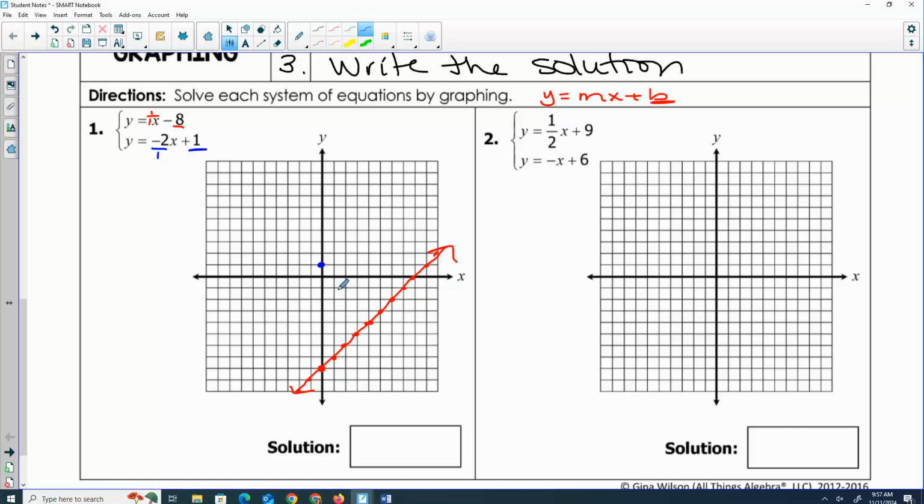So from your y-intercept, you go down 2 and right 1. Use the ruler to draw a very straight line.